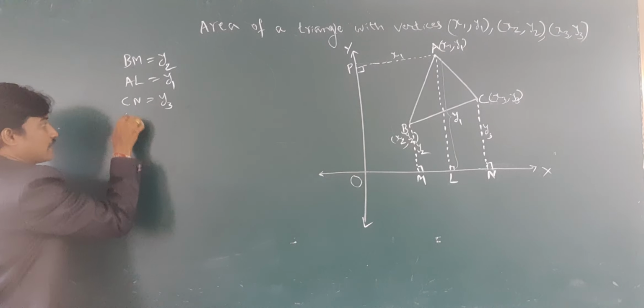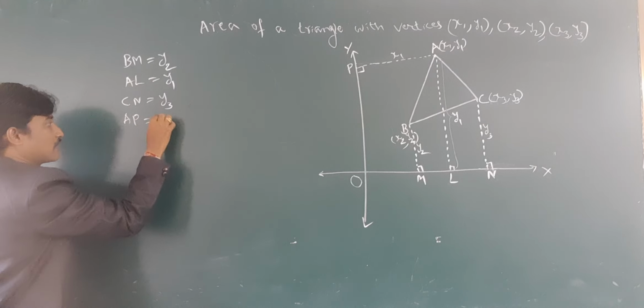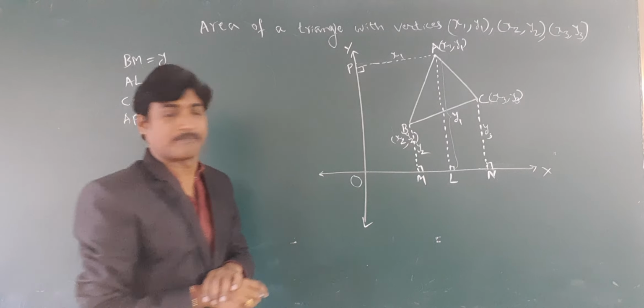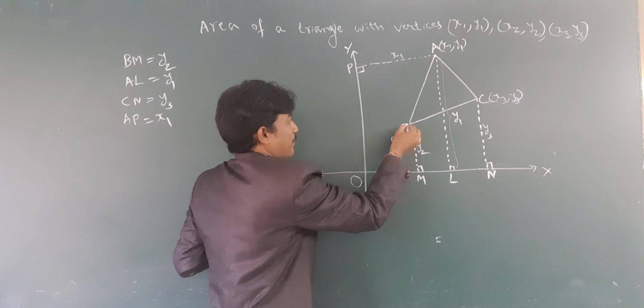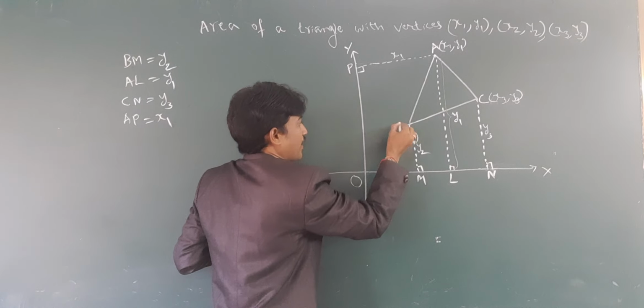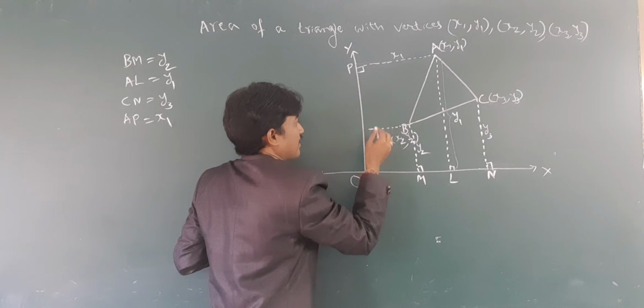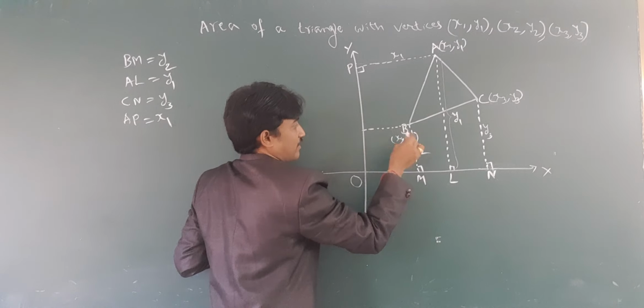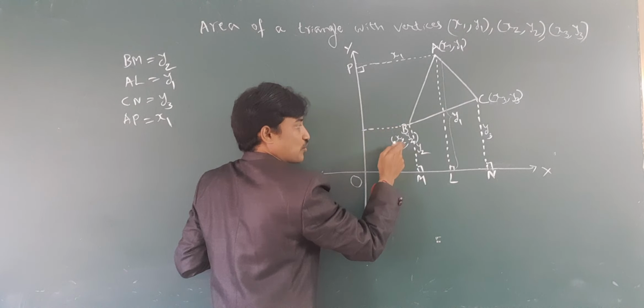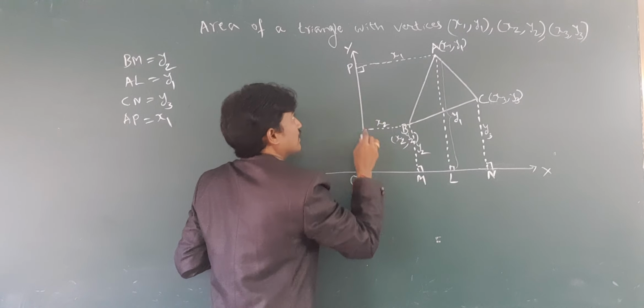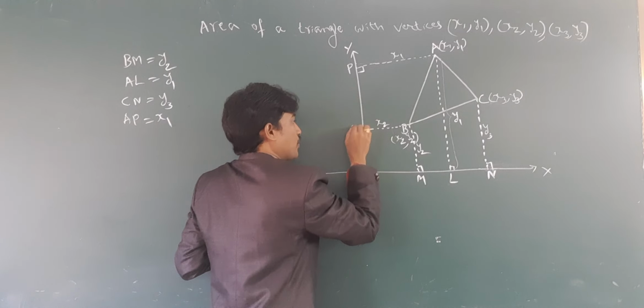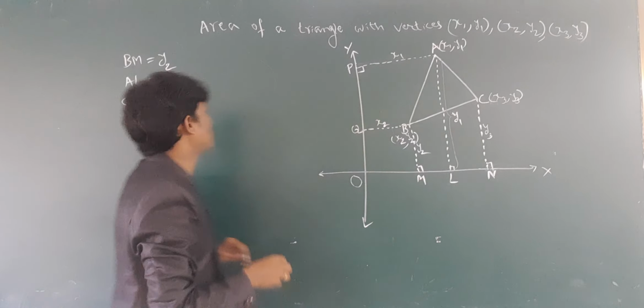The perpendicular distance from B to the y-axis is the x-coordinate, that is x2, so BQ is x2.